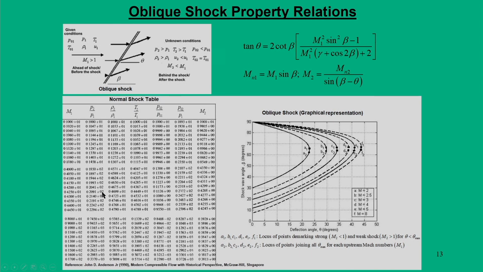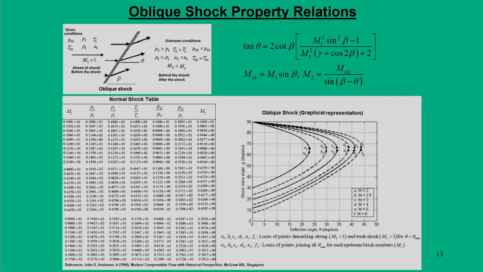Now, I will give a complete picture of what we have covered till now. We have covered the oblique shock relations, and today we also represented them in a graphical form. We call this the theta-beta-M curve.